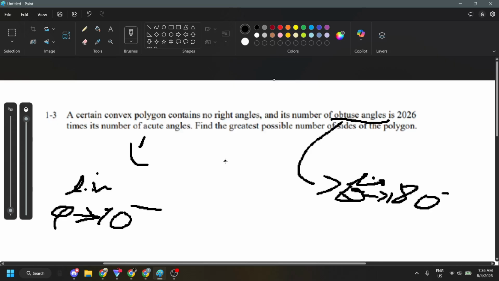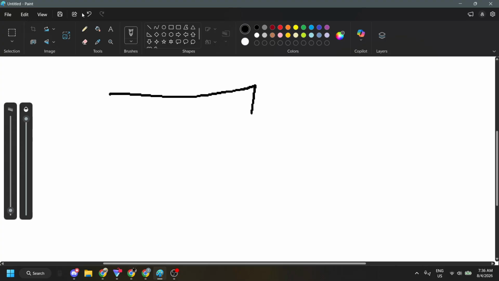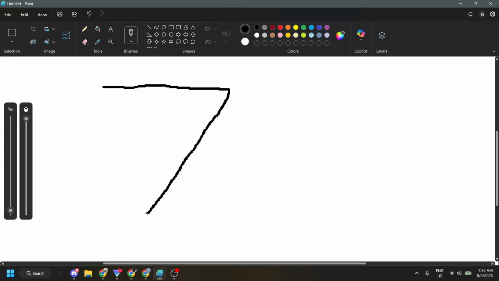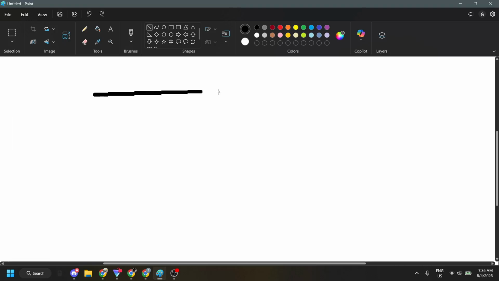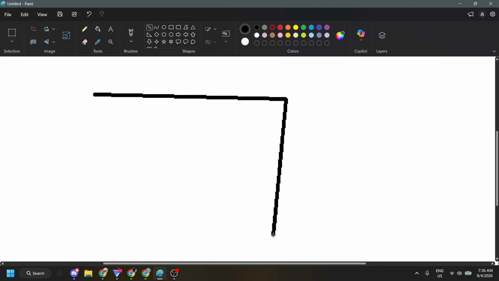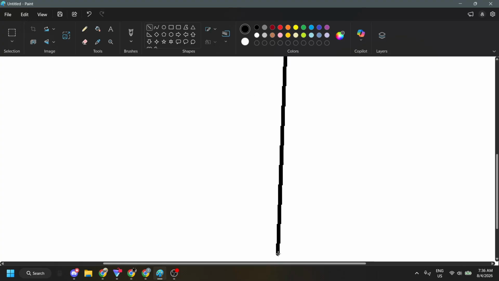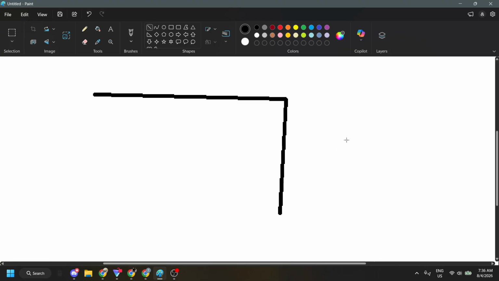And then again, given that this is like 89.999 and not a right angle, this is really like this, and then we want to go out for infinity again. For 2026.